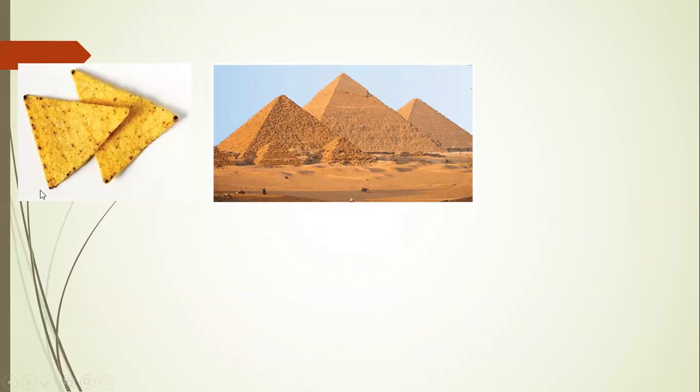What is the shape of this picture, or what are the shapes which include this pyramid? So you can see that the pyramid and the chips are made up of this basic figure which has three sides. These three sides which are closed is the simplest polygon which is called a triangle.